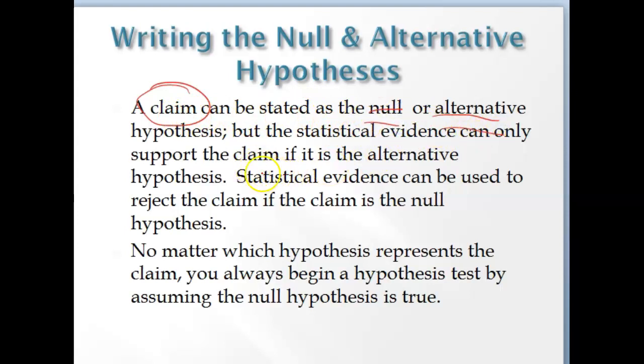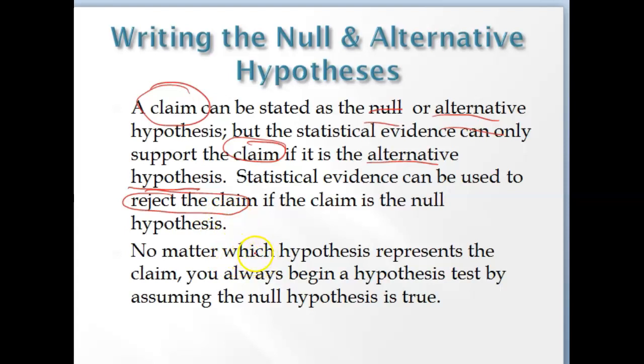But the statistical evidence can only support the claim if the claim is the alternate hypothesis. If the claim is the null hypothesis, that means it contains an equal to somewhere, then the statistical evidence can be used to reject the claim or fail to reject the claim.